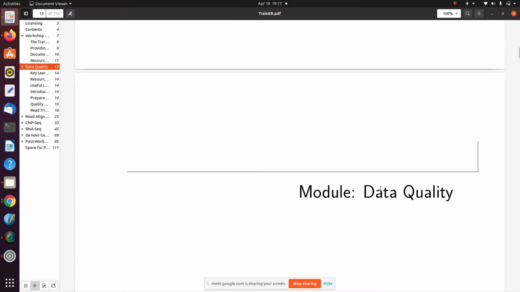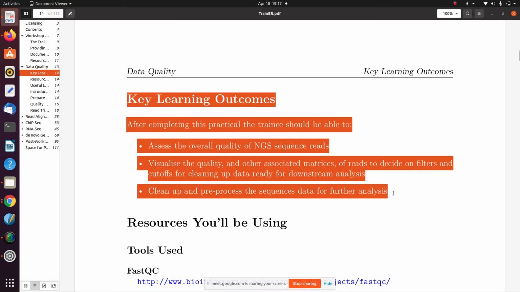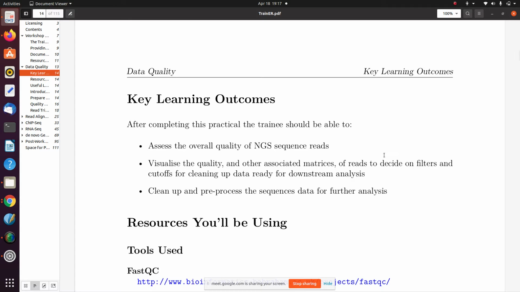So, the module on data quality. What are the key learning outcomes of this data quality module?